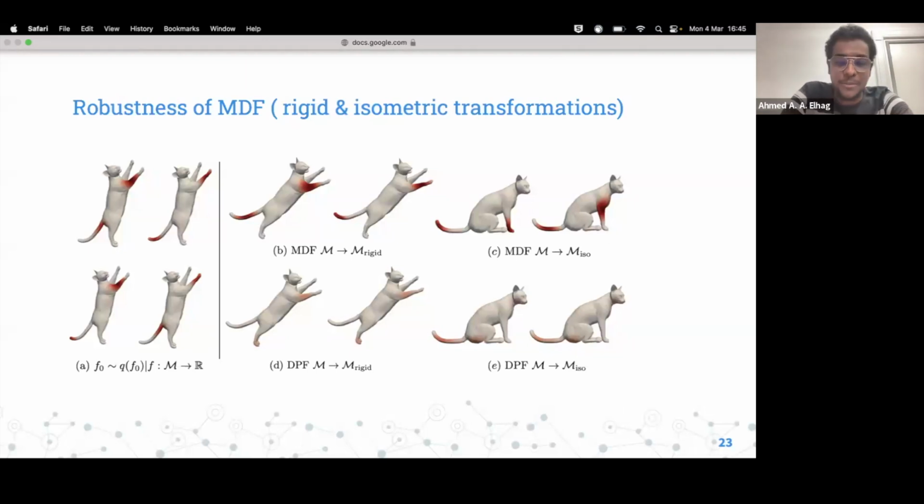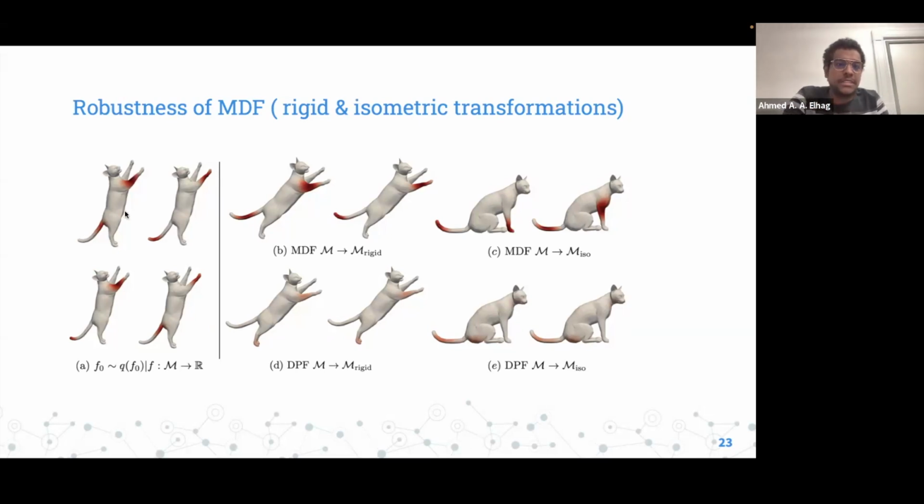What we get from this invariant representation is that we know the eigenvectors of the Laplacian are invariant to rigid and isometric transformations. So the idea here is that you train on one mesh and then you test on a transformed mesh, unseen during training. Assume you have this cat, and then you define a Gaussian dataset on the paw, like a moving Gaussian on the paw, and a moving Gaussian on the tail of the cat.